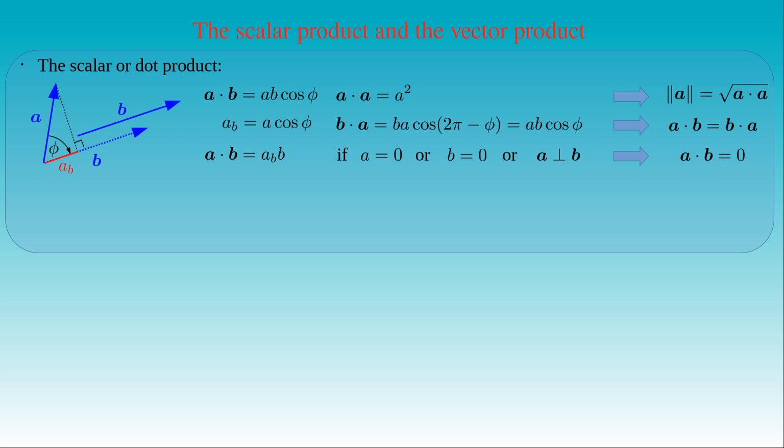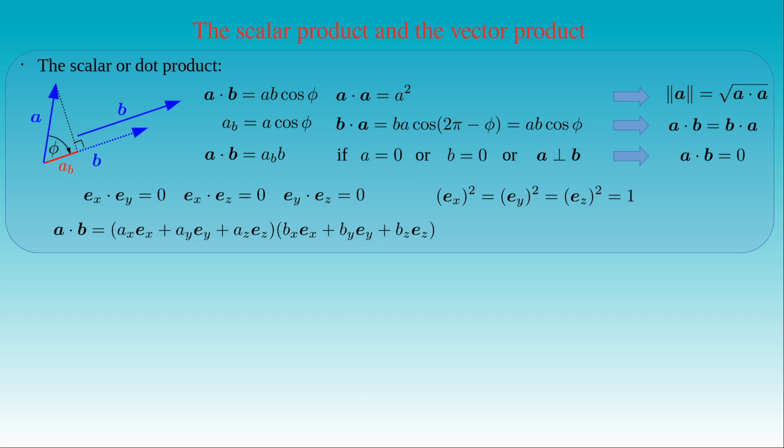Since the basis vectors of the Cartesian coordinate system are mutually perpendicular to each other, their scalar products with each other vanish. The dot products of the basis vectors with themselves give unity, since each of them is a unit vector. These properties of the coordinate basis are very useful, if we expand the vectors A and B with respect to the basis vectors in the scalar product.